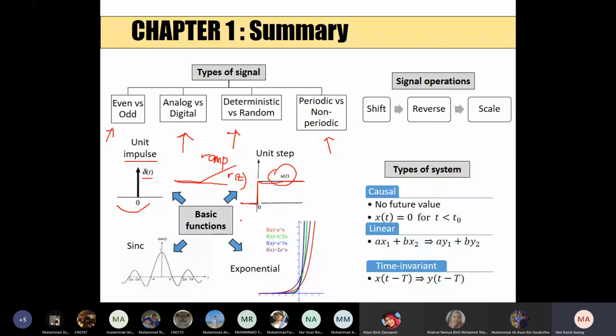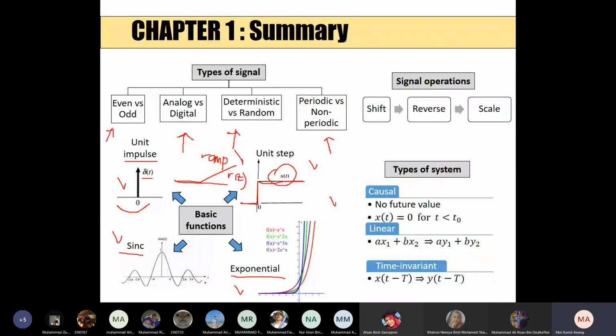And the sinusoid. So we have 6 basic functions.